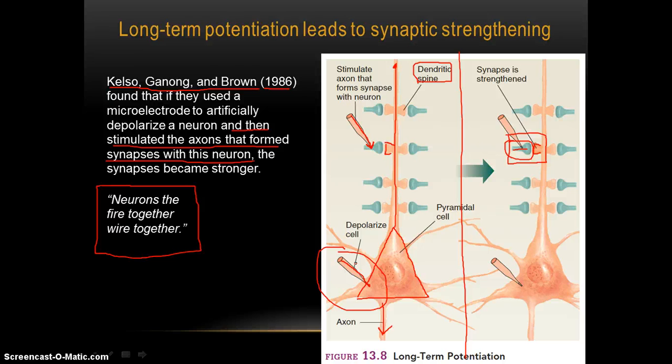And so that's where we get this saying: neurons that fire together wire together. The blue neuron and the pyramid neuron fired together, and so now, through the process of long-term potentiation, are now wired together, in the sense that their synapse has been strengthened.